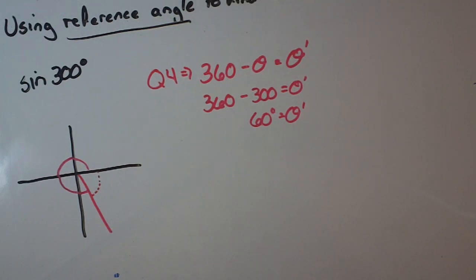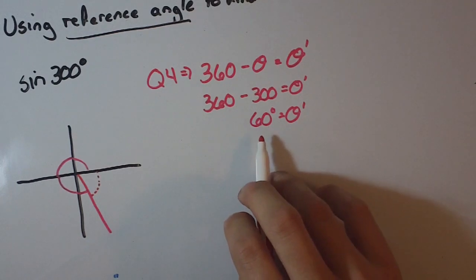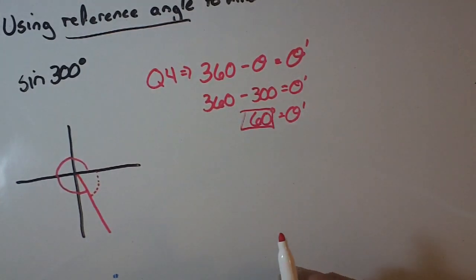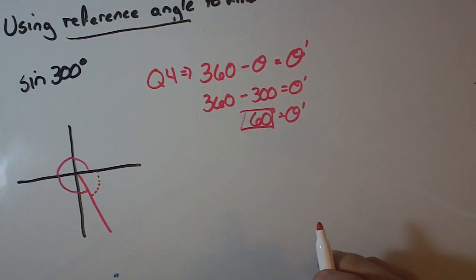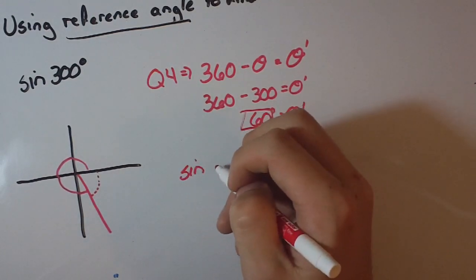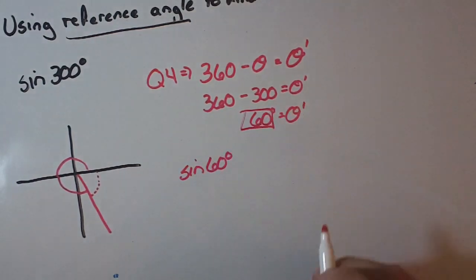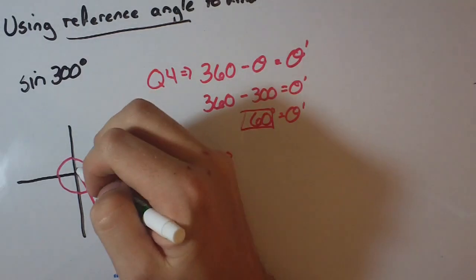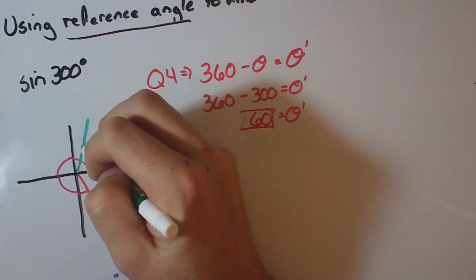So now what we can do is use this angle here, the 60 degree angle, which should be a little bit easier for you to work with if you're familiar with the unit circle. So sine 60 degrees. Okay, again, think about your unit circle. 60 degrees is up here, right?